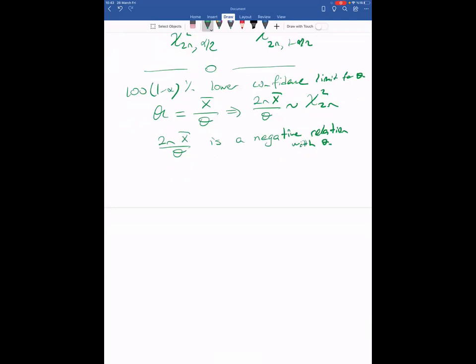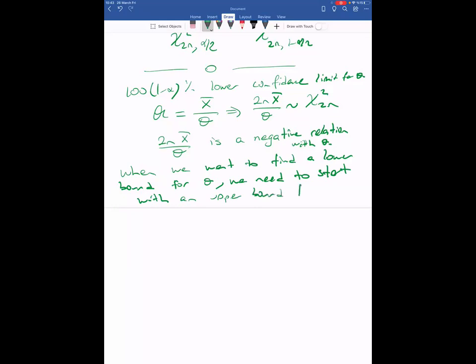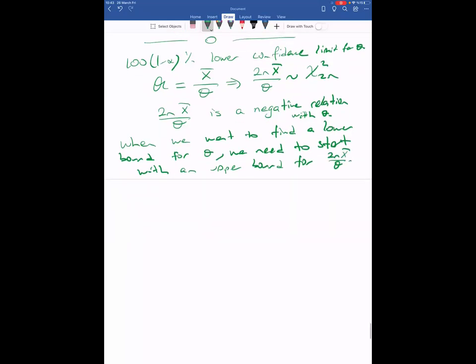So this means that when we want to find not an upper but a lower bound for theta, we need to start with an upper bound for 2n x bar over theta, because the pivotal quantity has a reverse relationship with theta.